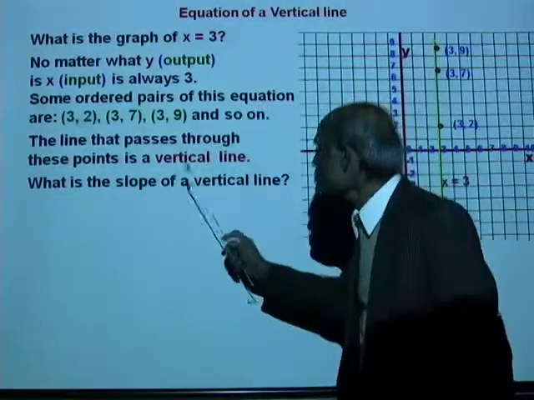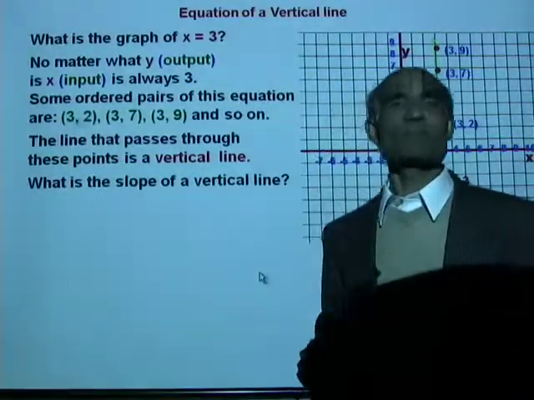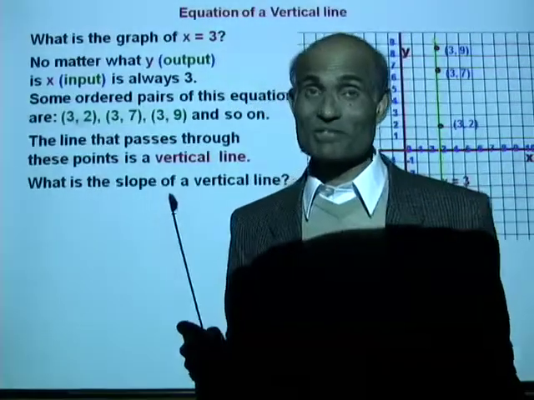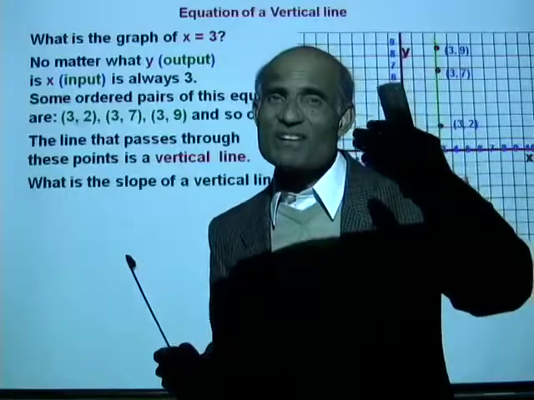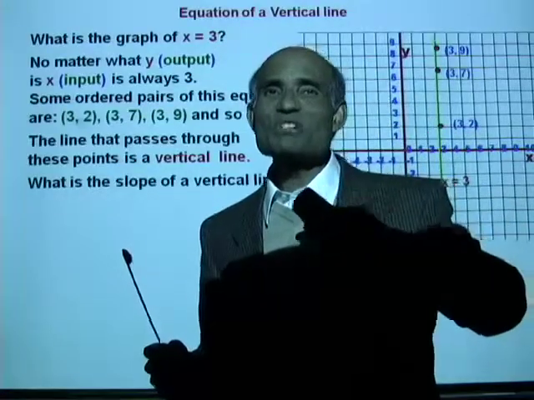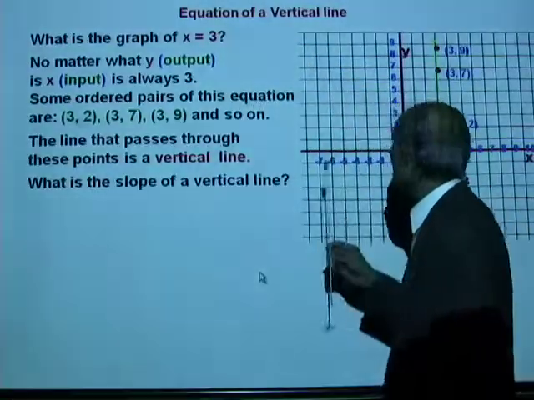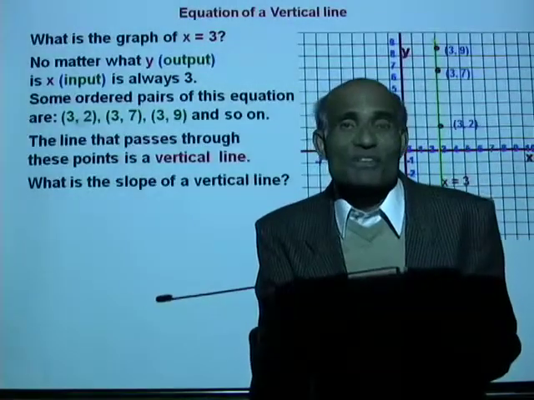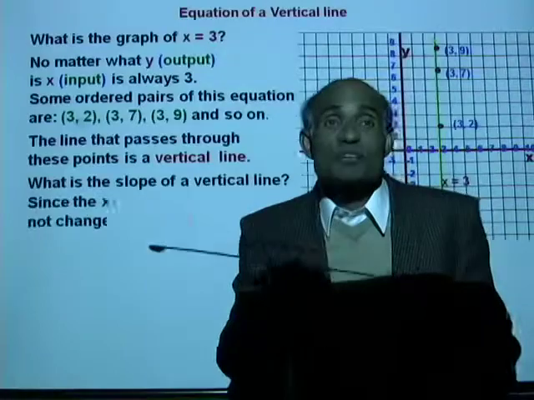All right, what is the slope of a vertical line? Can you think of it? Well, the slope of a line is change in the output divided by the change in the input. Now here, the change in the input is 0. The input doesn't change. That means 0 comes in the denominator.